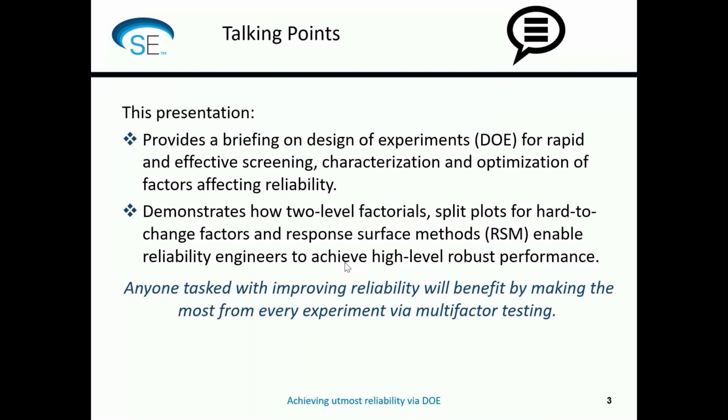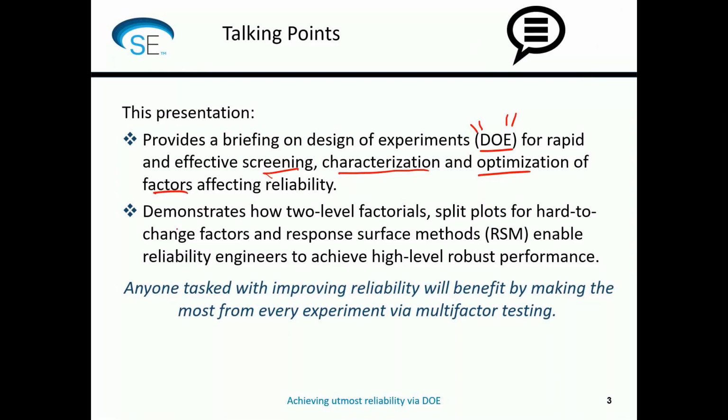So talking points for this presentation would be to provide a briefing on design of experiments, which of course we abbreviate DOE, for rapid and effective screening, looking for the vital few main effects that affect the reliability; characterization of the two-factor interactions in particular, which could be very important and could cause reduction in reliability or improvement; and then optimization of the factors affecting reliability in particular.